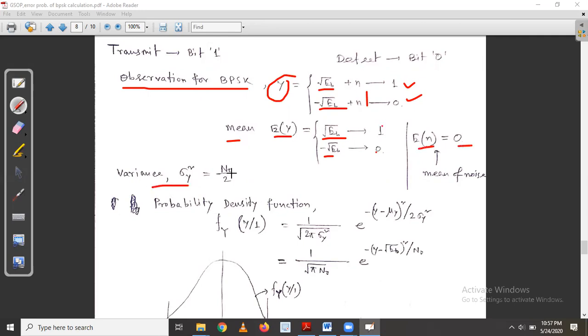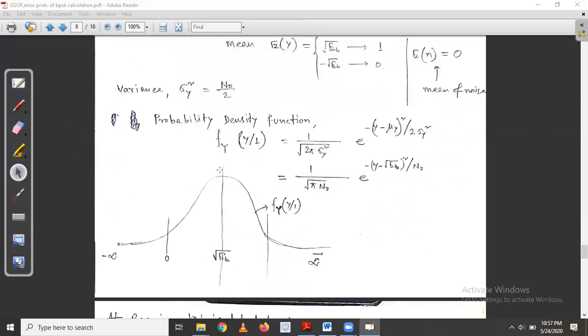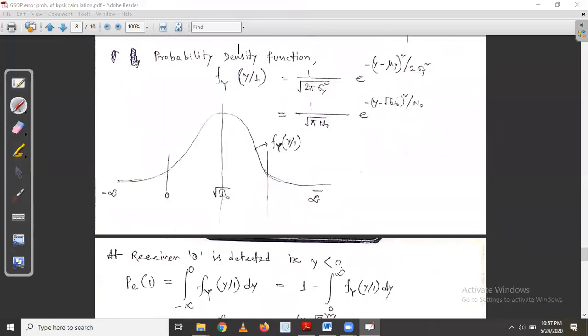Variance is N naught by 2 for both 1 and 0. Probability density function. Okay, so actual bit is 1, detected bit is 0. Actual bit is 1. That is why we have to take the probability density function for 1, which is this one. Already derived this portion.